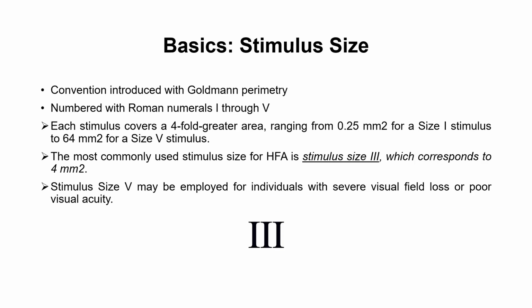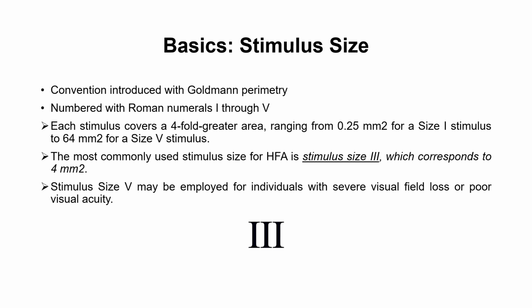Regarding the stimulus size, we see in the Humphrey printout the Roman numeral 3. What is the indication of this number? This is a convention introduced with Goldmann perimetry, and we'll talk a little bit about the difference between Goldmann perimetry and the Humphrey visual field.